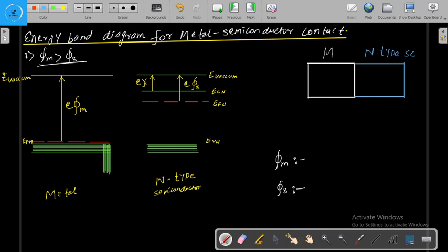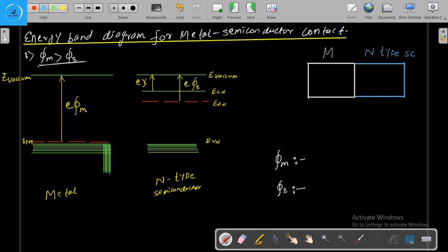This flow of the electron depends upon the work function of the metal as well as the semiconductor. So if we are talking about the transfer of the electron through the junction between the metal and the n-type semiconductor, it totally depends upon the work function of the metal as well as the n-type semiconductor.